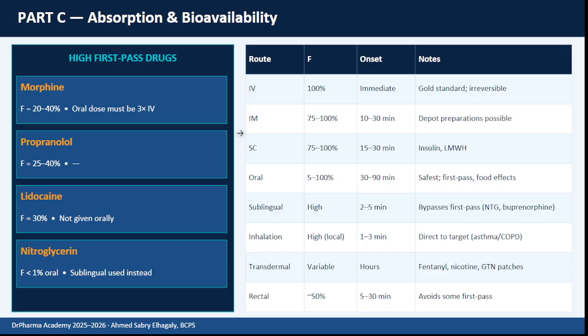Like, how much of the drug will be absorbed. Excellent, doctor. Yes. Another question: why is it important to know how much of the drug will be absorbed? Why is this important for me as a pharmacist? To know how much the concentration in the body is.